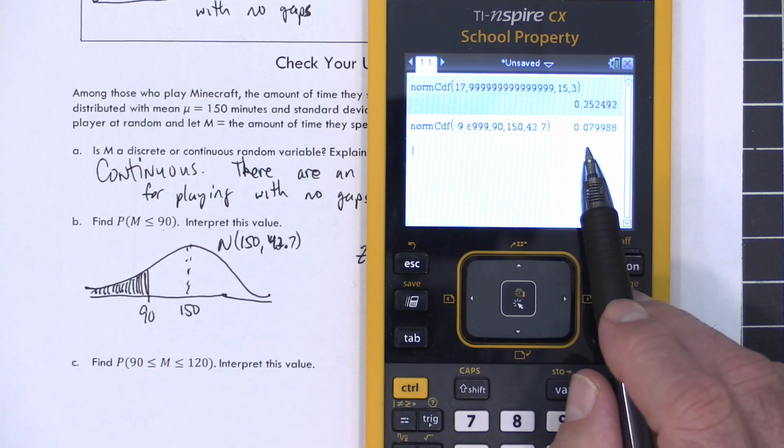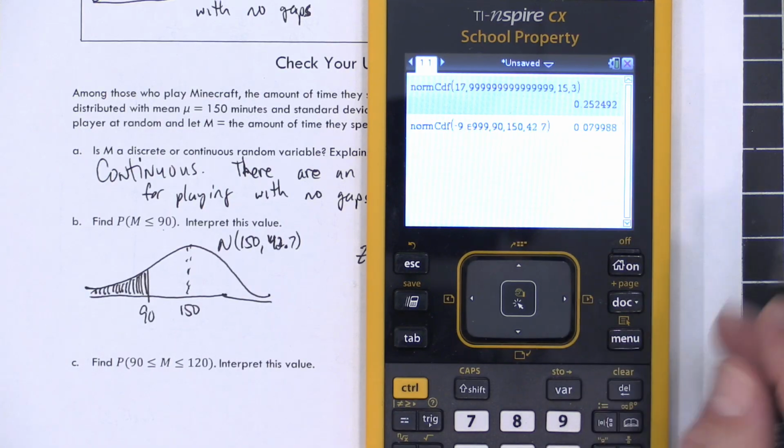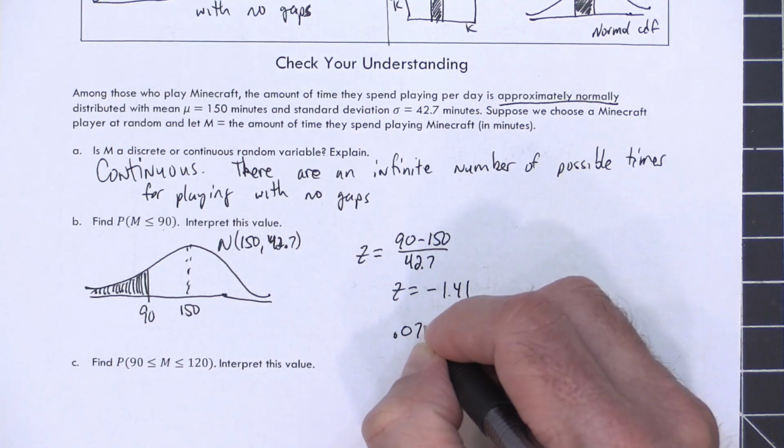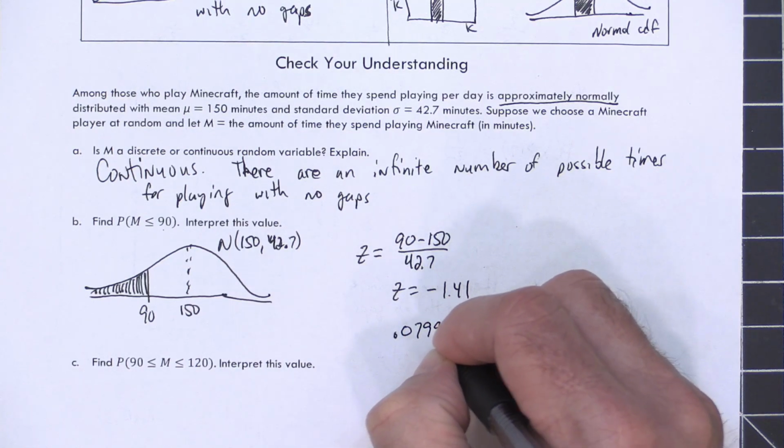And that means at around 0.0799. So I'm going to write it as 0.0799.